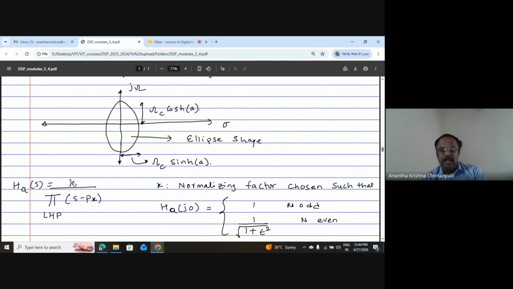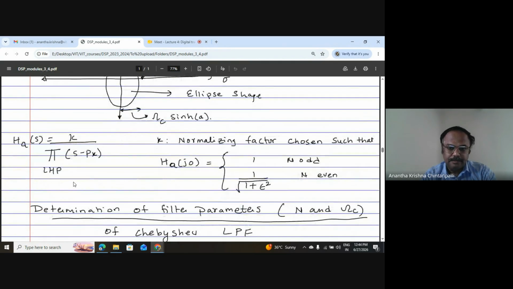K is a normalizing factor such that at omega equal to 0, the magnitude response for an odd filter order would be 1. If the filter order is even, it makes sure the value is 1 divided by square root of 1 plus epsilon square. So this is how you have to compute it.